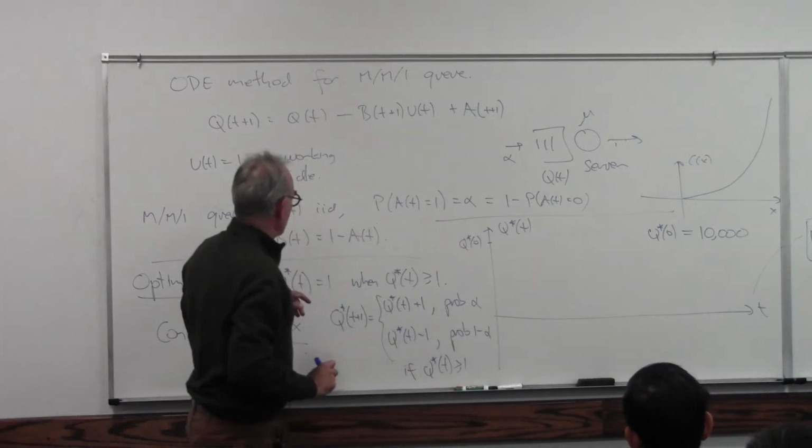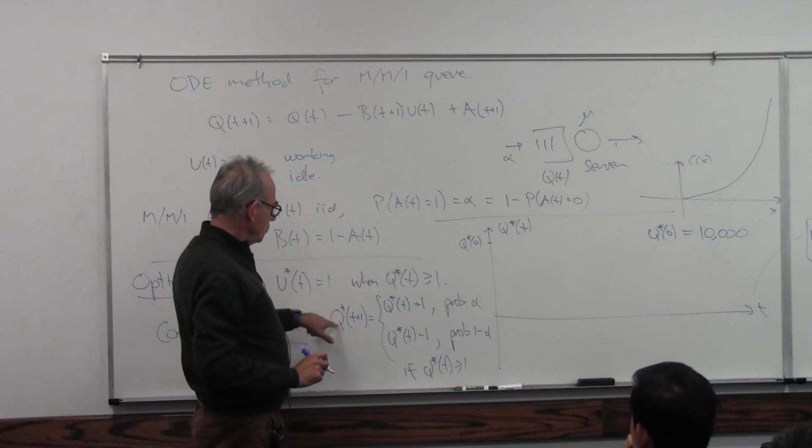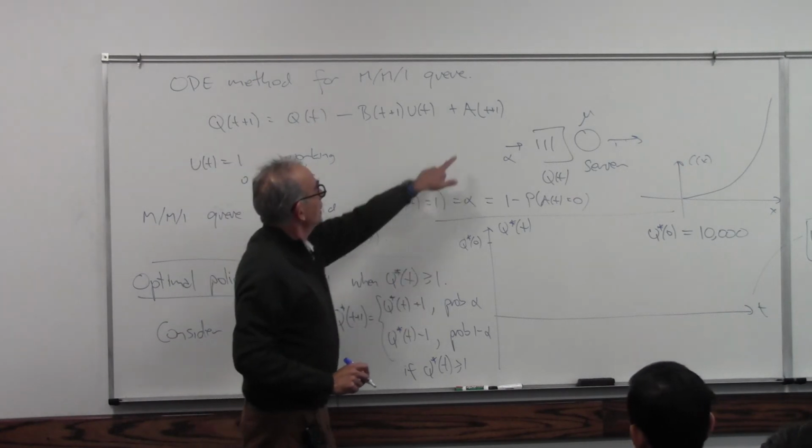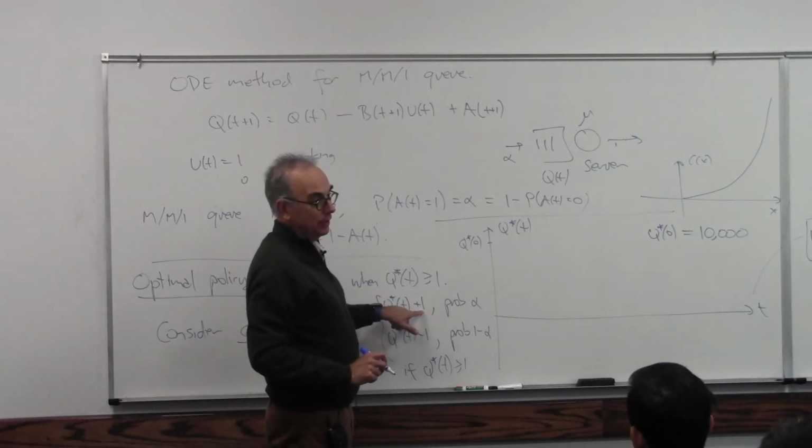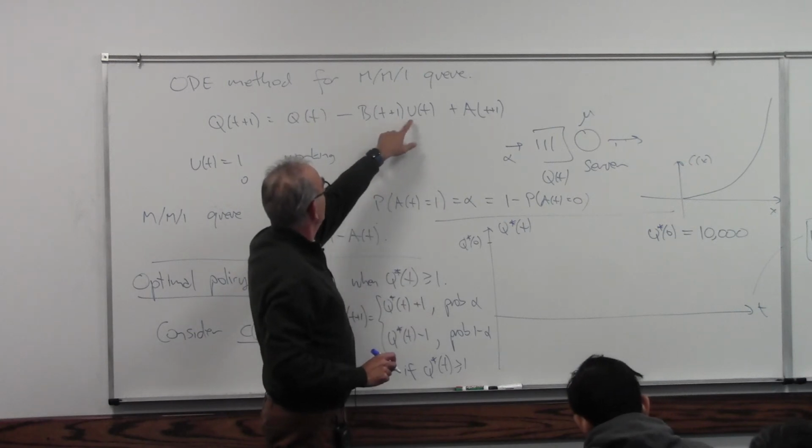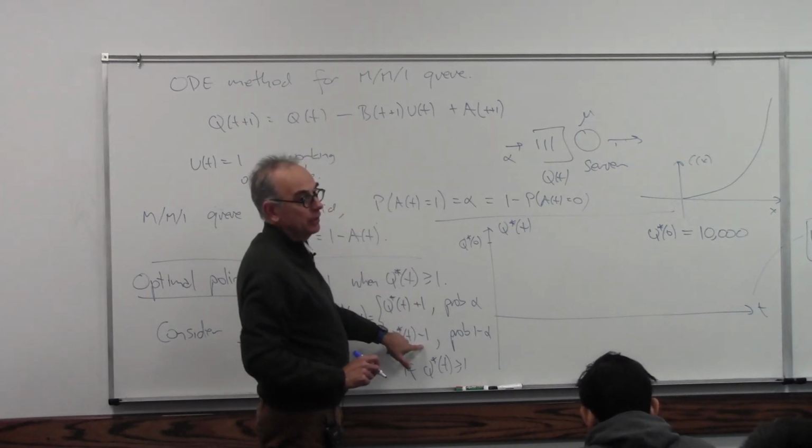Under this policy, if I get an arrival, I go up by 1. Otherwise I go down by 1, provided I can go down. So it's going up or going down.